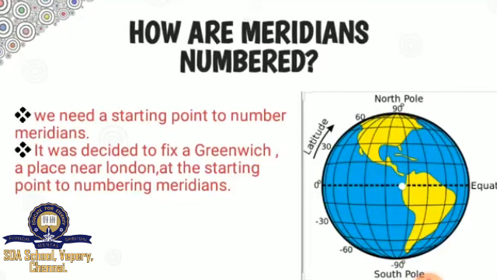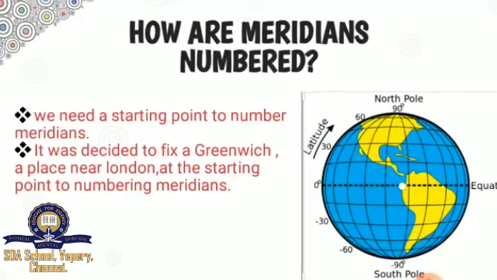Like parallels, meridians are also drawn at intervals of 1 degree. Can you see the picture? If we move away from the prime meridian, towards east or west, there will be 180 meridians towards the east and 180 meridians towards the west of the prime meridian.